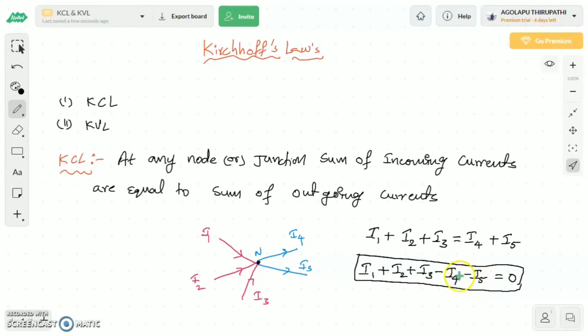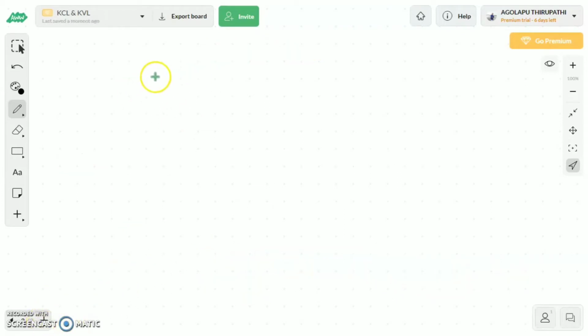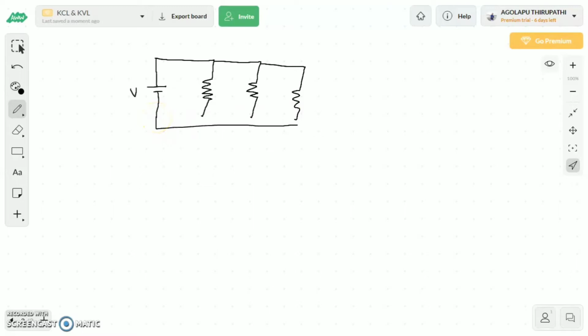Okay, let me consider one example on this. I am taking one simple example for KCL. This is the voltage V, and this is a simple circuit.